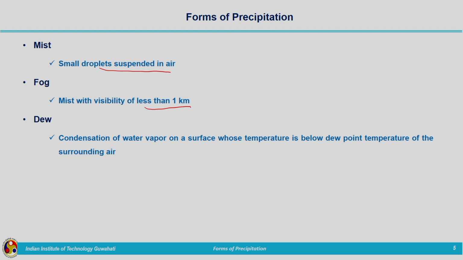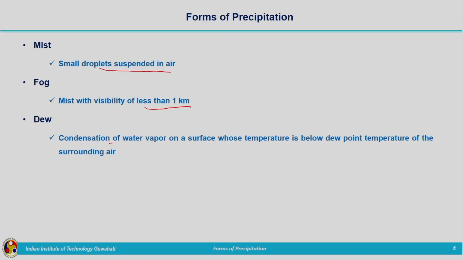Now, coming to dew, you might have experienced it on the grass and the leaves near the ground surface, small tiny droplets on the grass. So, what is it? It is condensation of water vapor on a surface whose temperature is below the dew point temperature of the surrounding air.